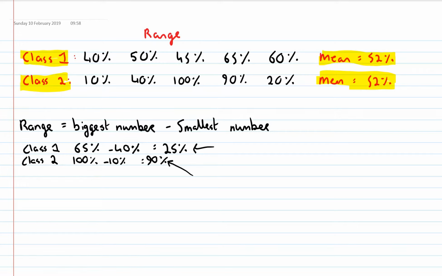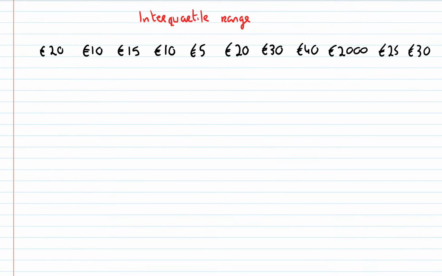Okay? So now we're going to look at the interquartile range. The interquartile range, like the range, measures the spread of data. However, it ignores extreme values. So for instance, let's just say these are 11 people and this is their pocket money. If I was to get the range of that, it would be 2,000 minus 10 euros, which would give us 1,900.